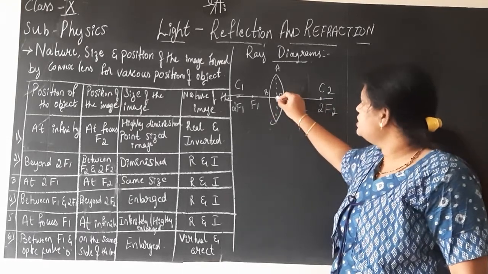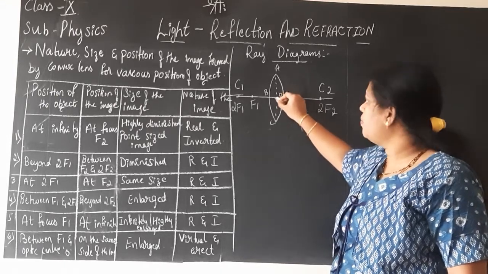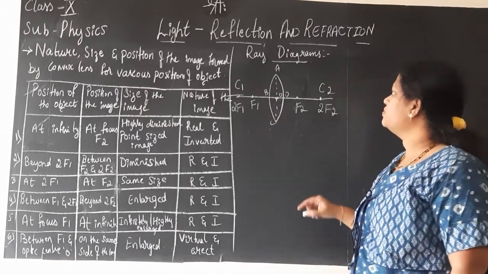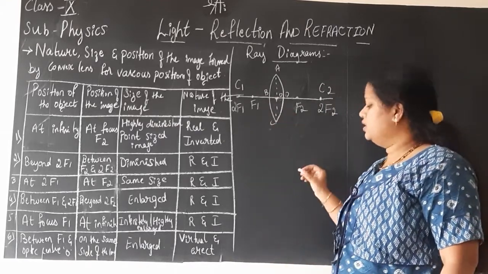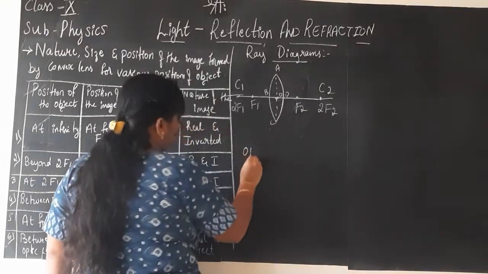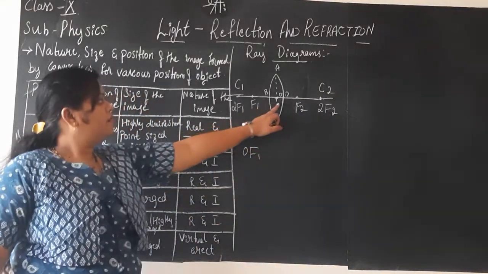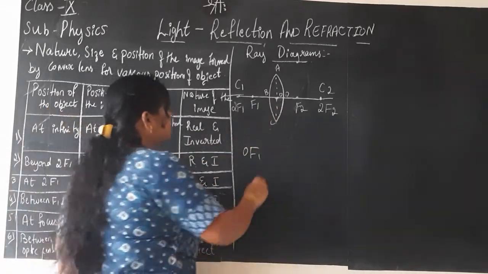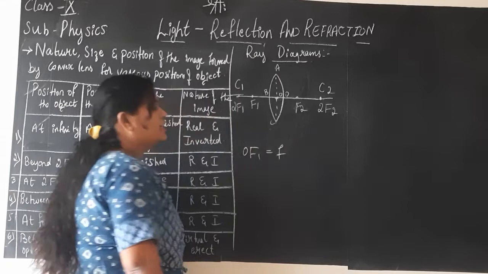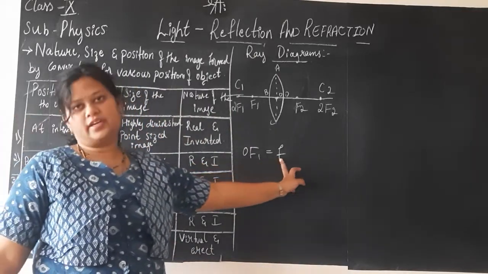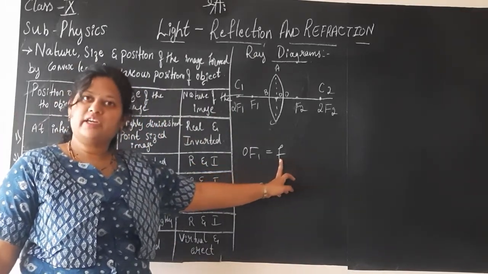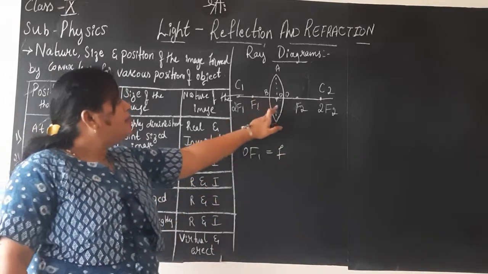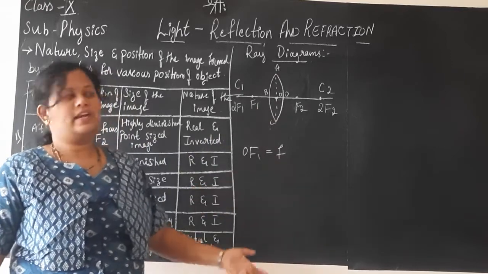So, the distance from the optic center to the principal focus of the lens, that is OF1, children. If you measure the distance from the optic center to F1, it is nothing but the focal length of the lens, which is represented by small letter f. This is similar to that of the mirror. There also, pole to principal focus is nothing but the focal length. Here, optic center to principal focus is the focal length.